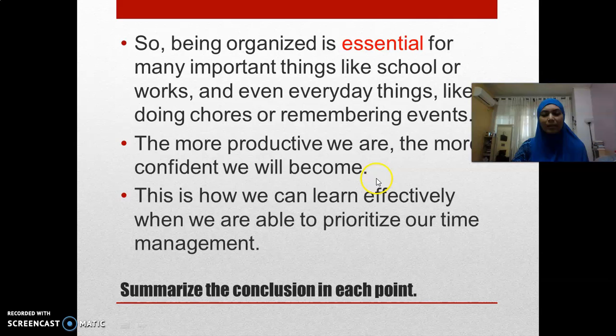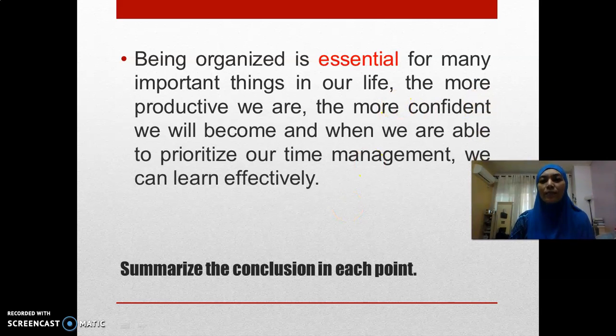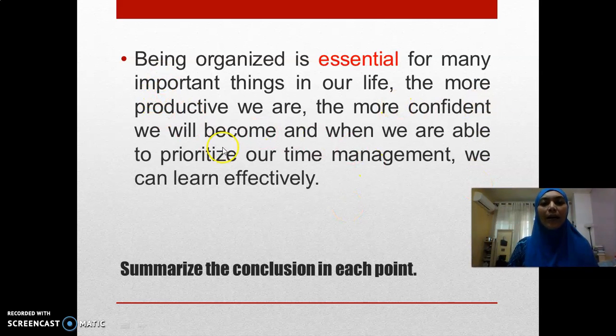This is the conclusion taken from the second point. This is the conclusion taken from the third point. So I have 3 sentences here, and I need to summarize these sentences into one sentence. This is how it's going to look. Now I have combined the 3 conclusions into one.